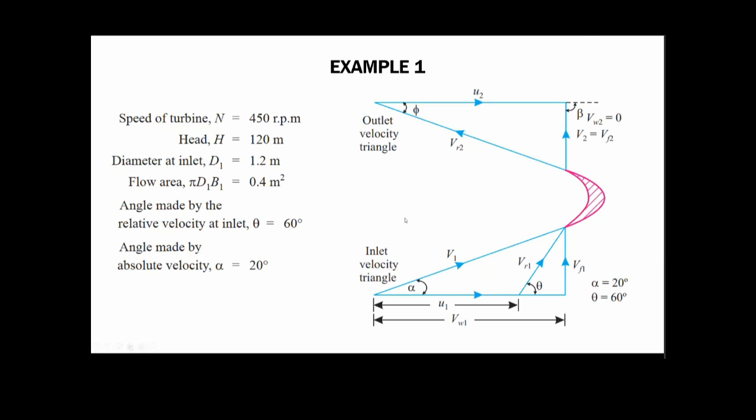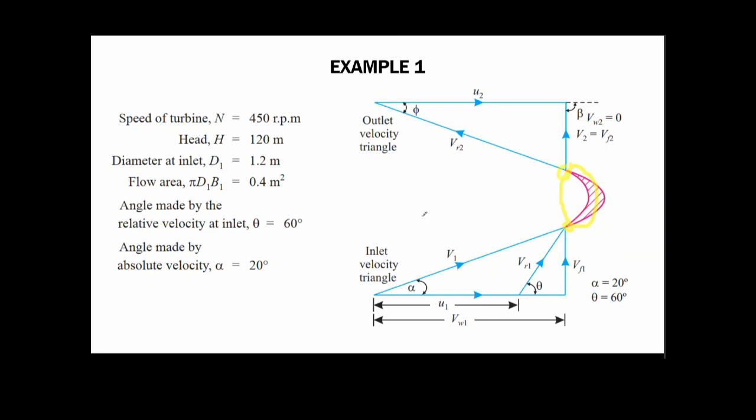Okay, we look at first the velocity triangle at the inlet of the vane. This is the vane, okay, and this is the inlet where water came in, go into the vane of the turbine, and this is the outlet.